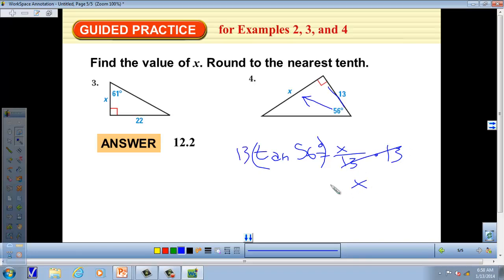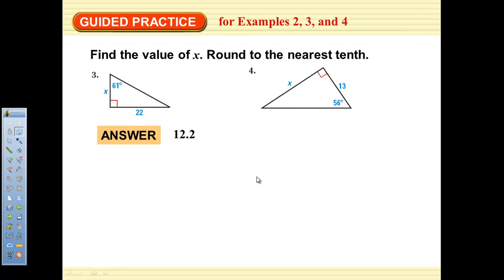Those cancel. Here we have x, and on the other side we have 13 times tangent 56, which, if I use my calculator, should be 19.3. And there we go.